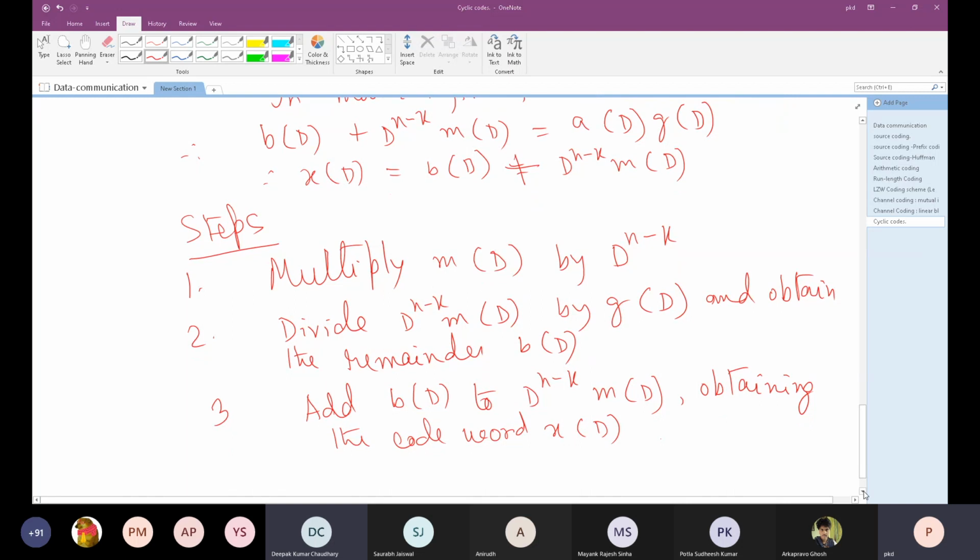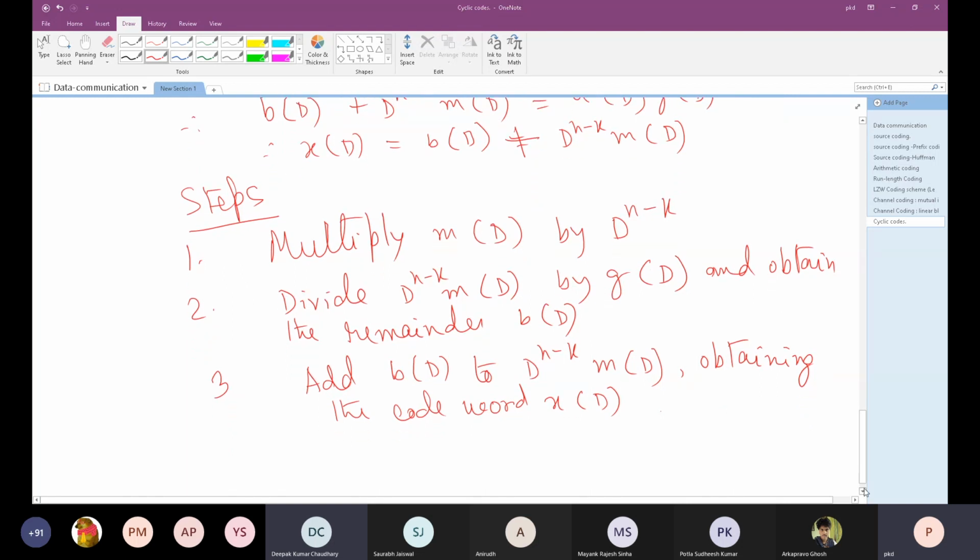So these are the 3 steps. We have to take some example to explain it.